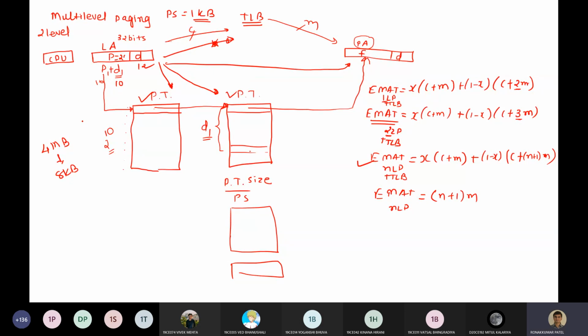Again you have one table, from that you get a page table, and from that page table you again get a page table, and in that page table you have a frame number. What you decide the size of, it depends on that.